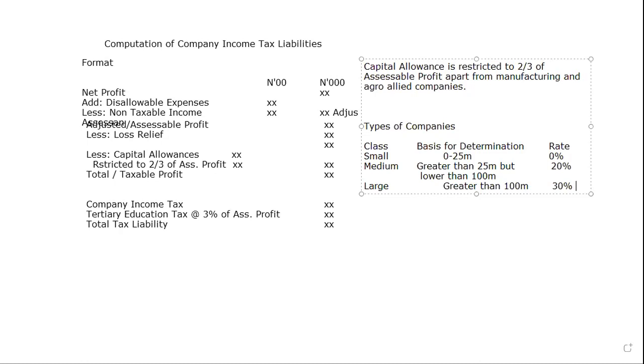Okay. The second question is on this tertiary education tax. You said it is 3% of assessable profits, but I know it used to be 2.5. From what date are we looking at to apply the 3%, and what date to apply the 2.5? 2024 year of assessment. Anything lower than 2024, that is 2023, 2022, and 2021, is 2.5%.